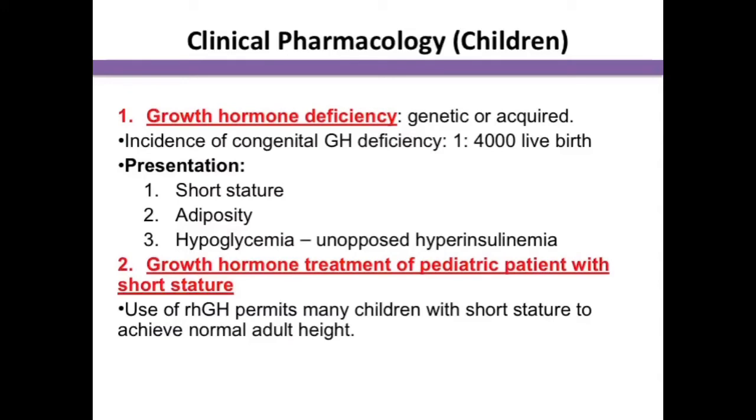For patients with short stature, the use of recombinant human growth hormone will permit many children to achieve normal adult height.